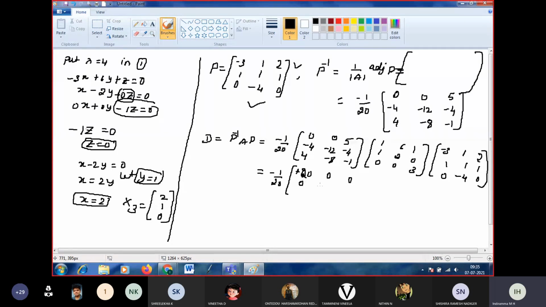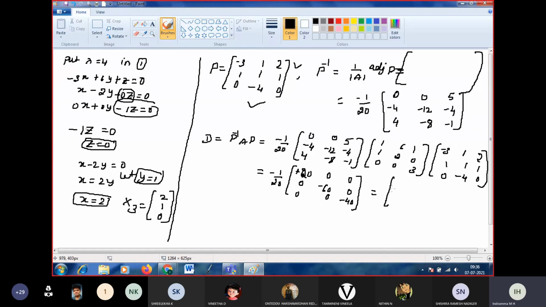The second row we get is 0, -60, 0, and the third row 0, 0, -40. Next, divide each row by -20.